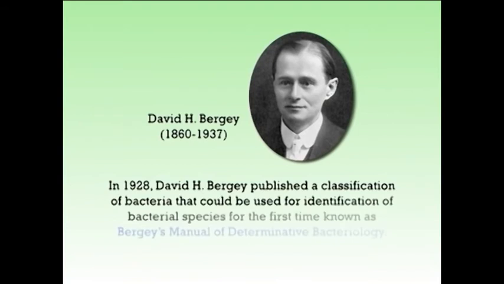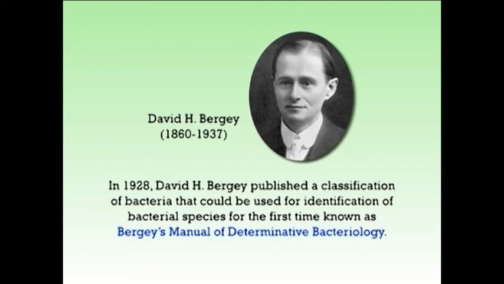Now we'll see the bacterial classification. Earlier, in the year 1928, David H. Bergey published a classification of bacteria that could be used for identification of bacterial species for the first time. And this came to be known as Bergey's Manual of Determinative Bacteriology.